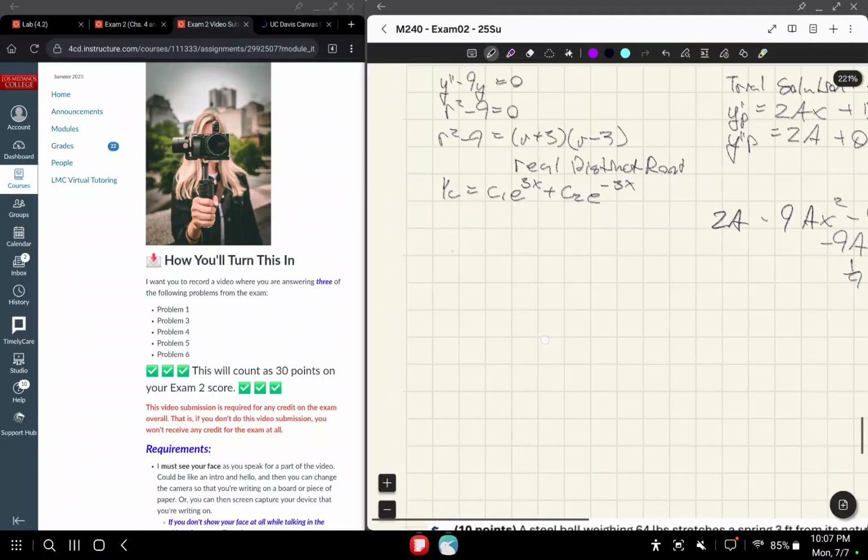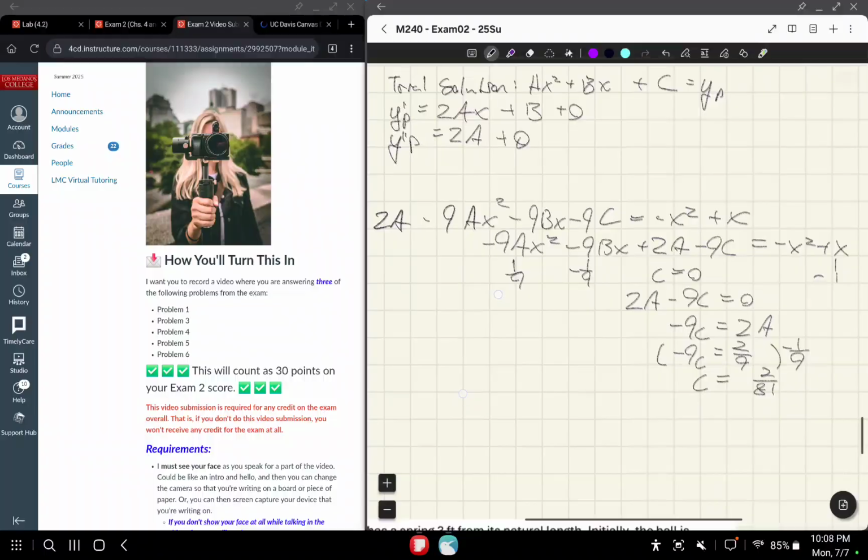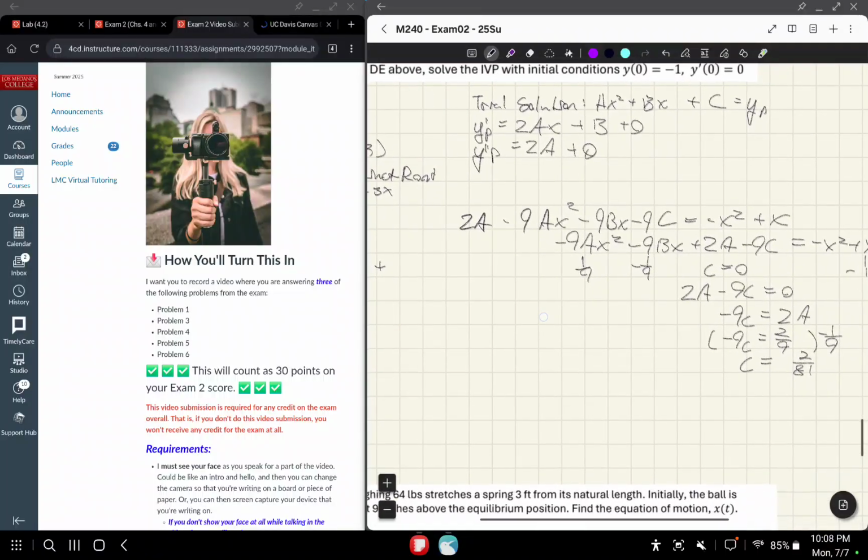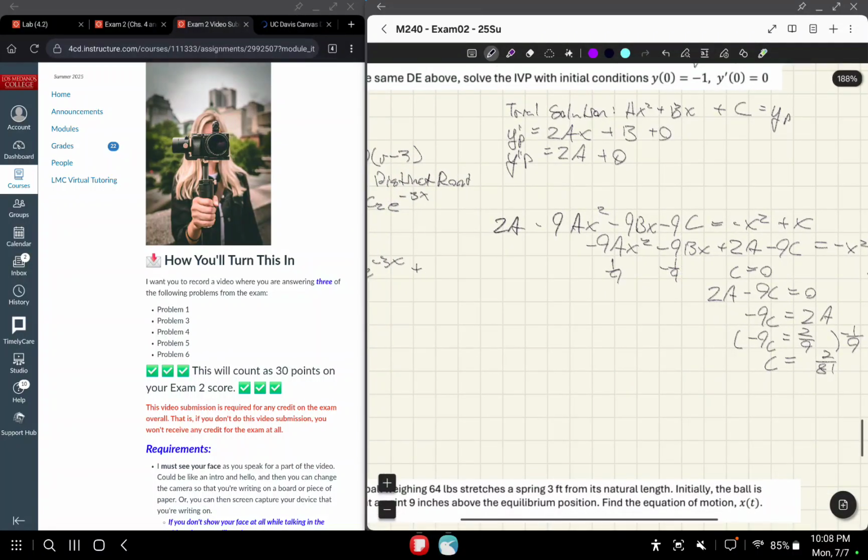So our whole solution would be the y sub c and the y sub p solutions together, so it's supposed to be y equals c1 e to the 3x plus c2 e to the negative 3x plus the trial solution we plug in.